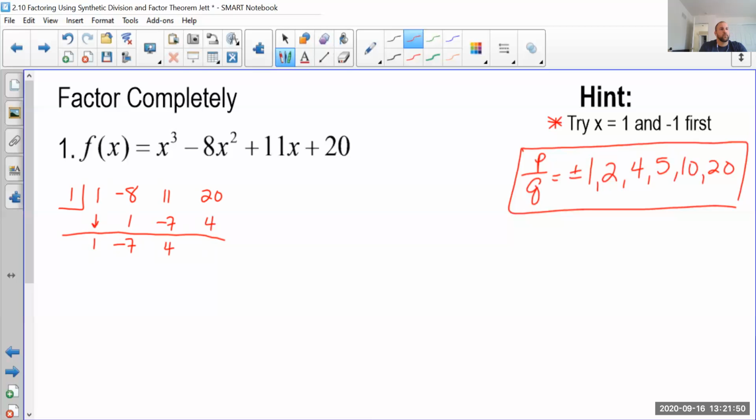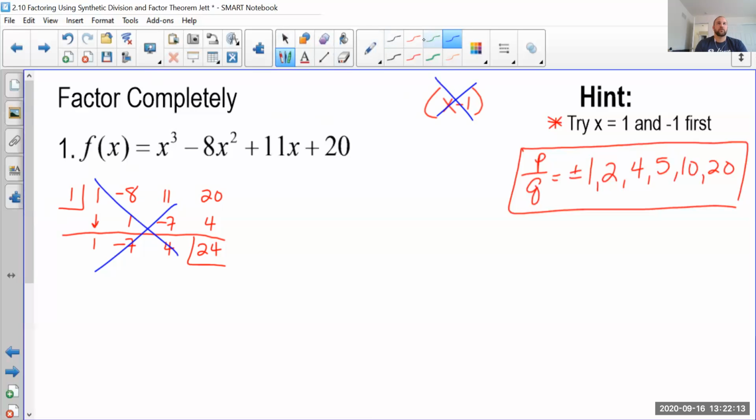Remainder of 24. So is 1 a solution here? No. That tells me that 1 is not a solution. It tells me that x minus 1 is not a factor here.